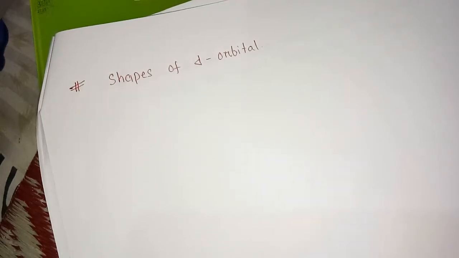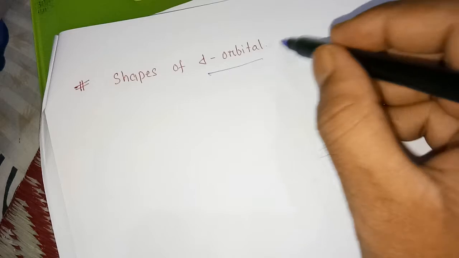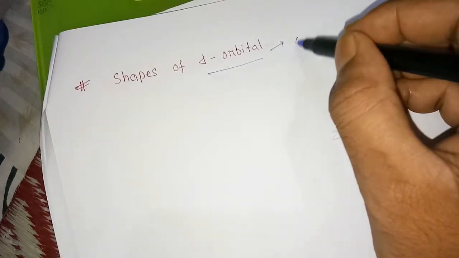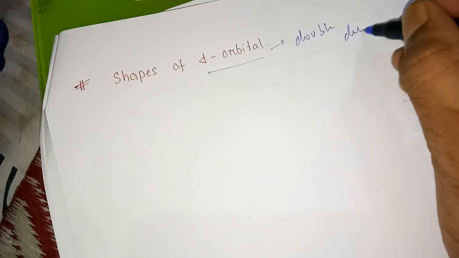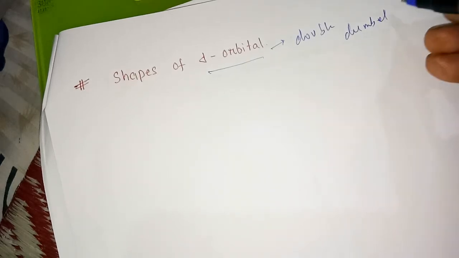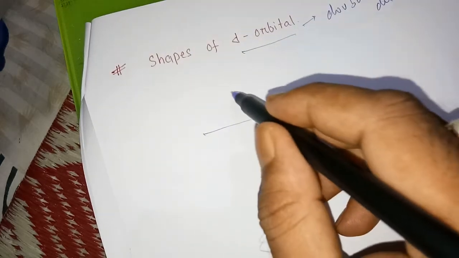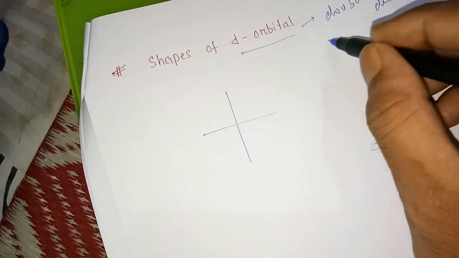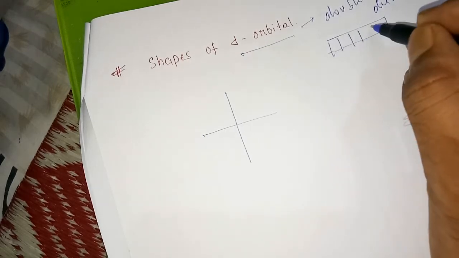Today we will start with shapes of d orbital. The d orbital shape is a double dumbbell. If you want to draw a d orbital, how many boxes are there in the d subshell? 1, 2, 3, 4, 5 boxes.